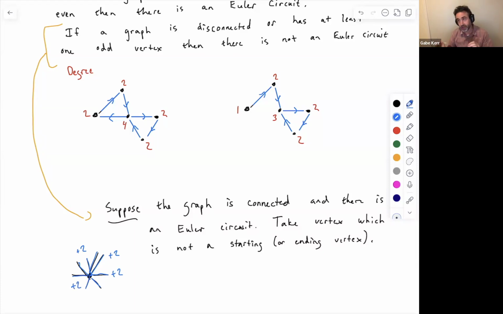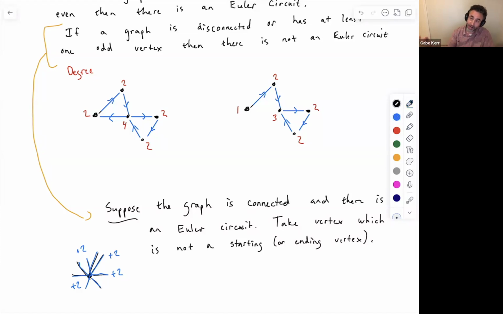So however many times it's crossing through that vertex, it's adding two edges each time, which means that the total number of edges connected to that vertex, if there is an Euler circuit, is even. So that tells us that the degree of that vertex must be even, or that vertex must be an even vertex.